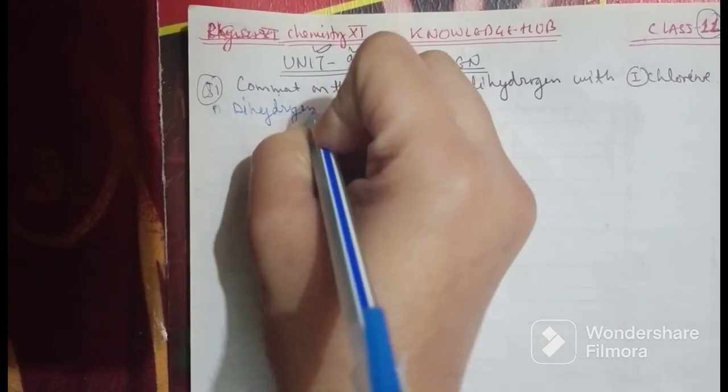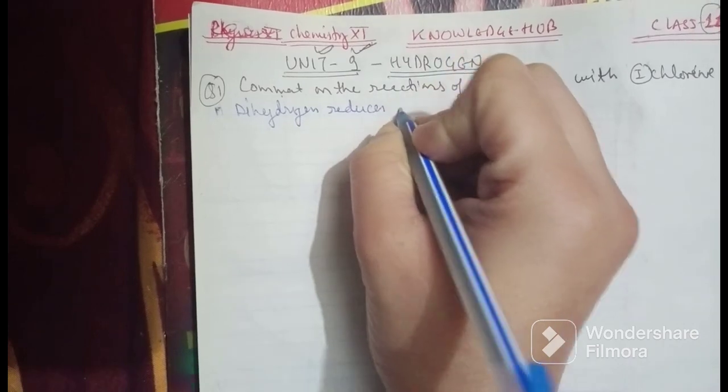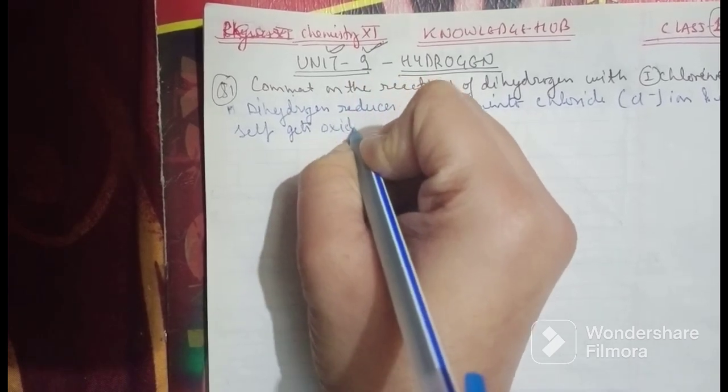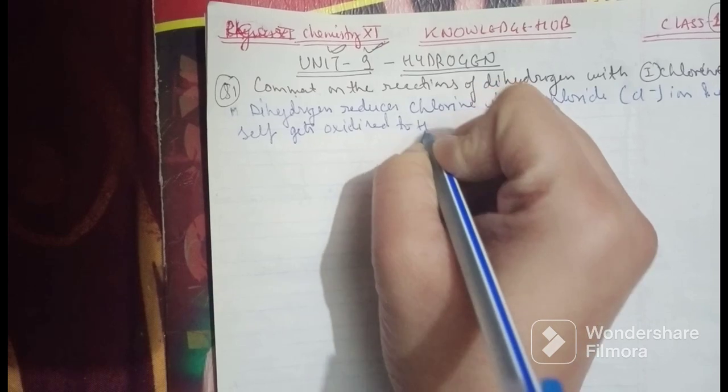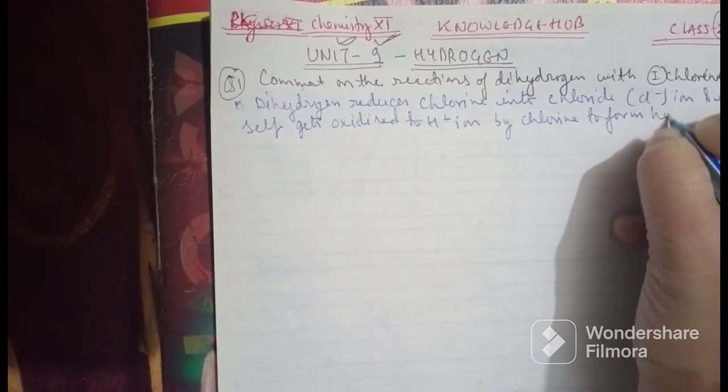Reaction of dihydrogen with chlorine: here, dihydrogen reduces chlorine into chloride, which is the Cl minus ion, and itself gets oxidized to H plus ions by chlorine to form hydrogen chloride.